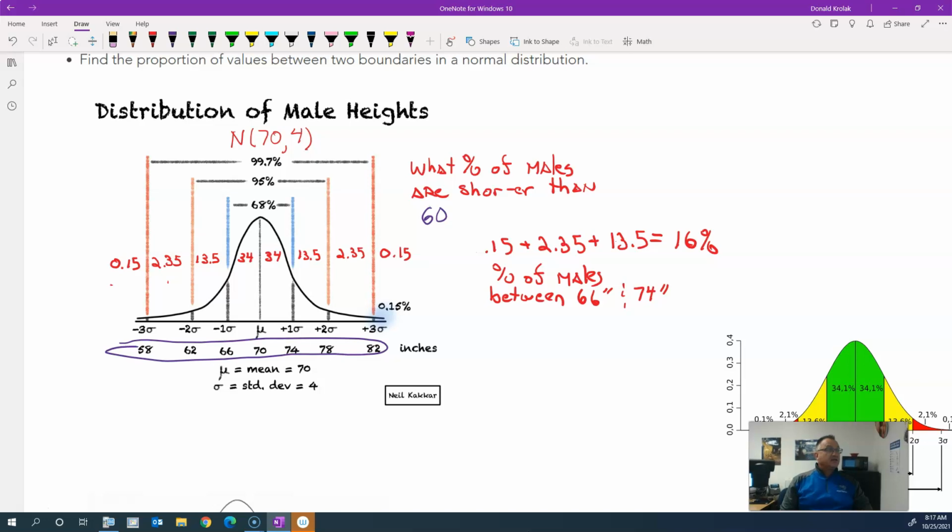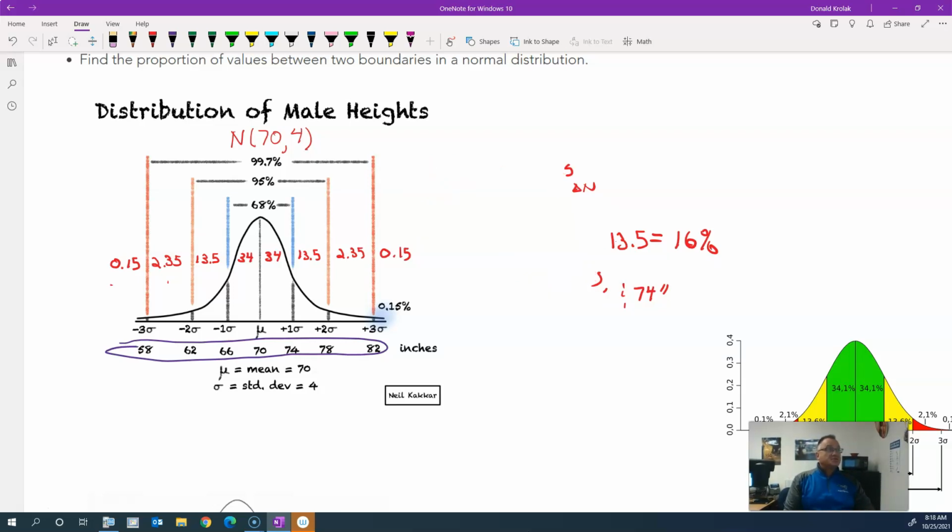You can't use the empirical rule, so you couldn't figure out the answer to these questions. So that's what you're going to learn today: what do you do when the values I'm given are not one of those numbers right there?